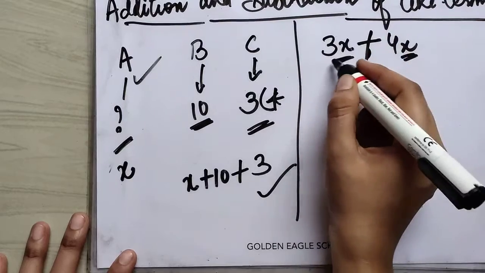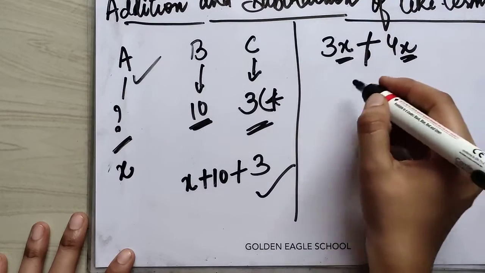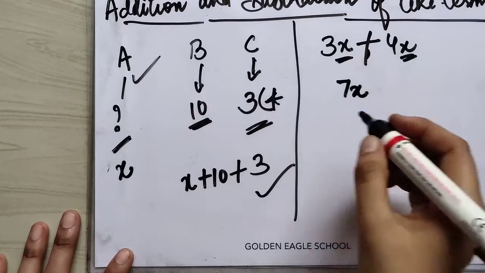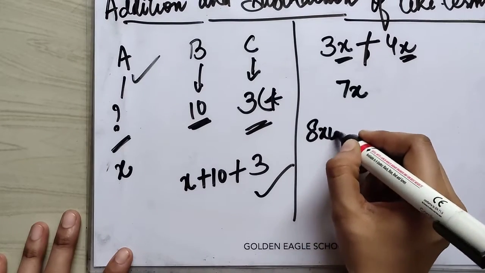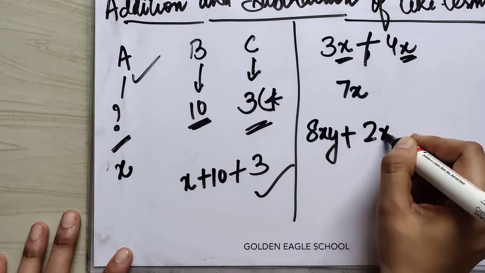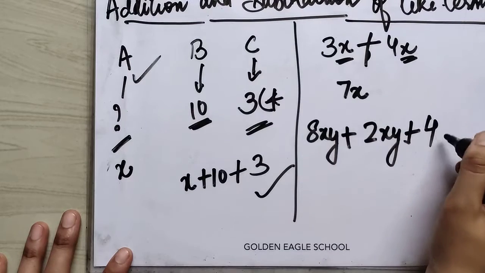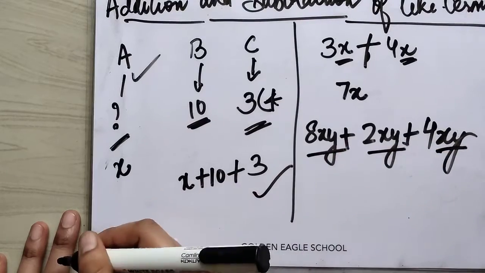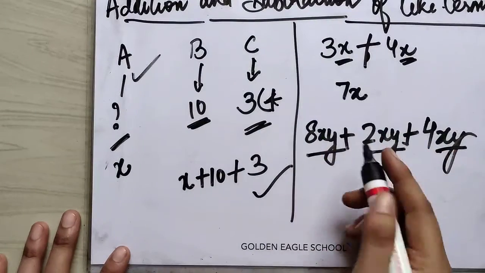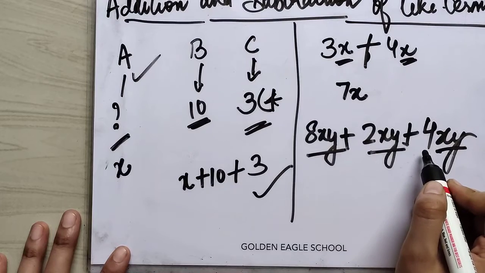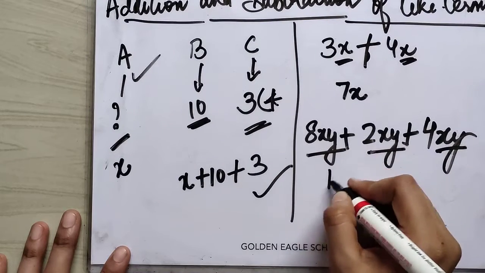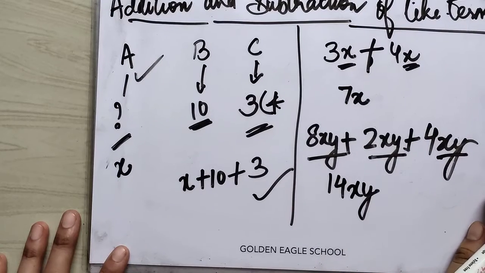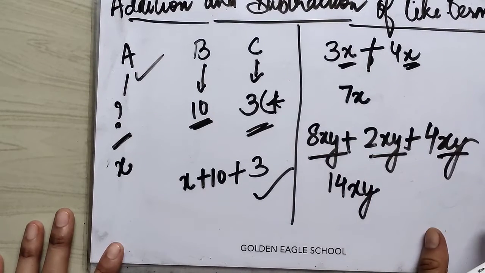So 3x plus 4x is 7x. Similarly, 8xy plus 2xy plus 4xy, can we solve it? Yes, because they have the same algebraic factors. So add the numerical factors 8 plus 2 plus 4, that is 14, and write down the algebraic factor.